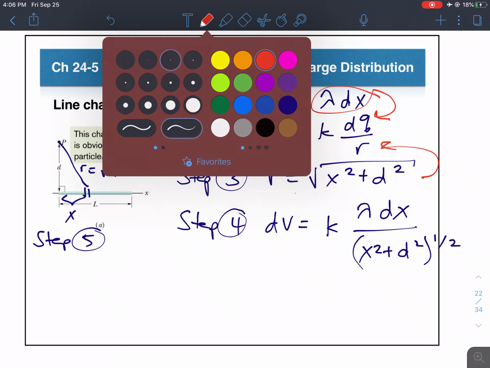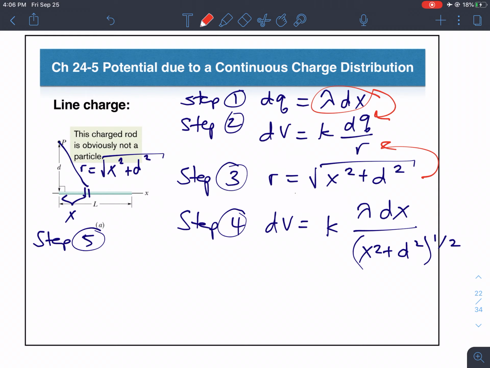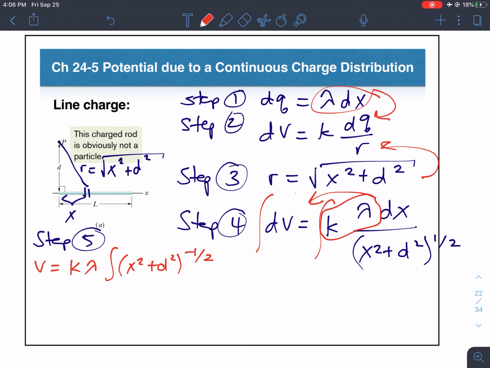When you integrate, you take the integral of both sides. The left side is going to give you v. On the right side, k and lambda are constants, so take them out, k lambda. The integral is x squared plus d squared to the negative 1/2 dx.